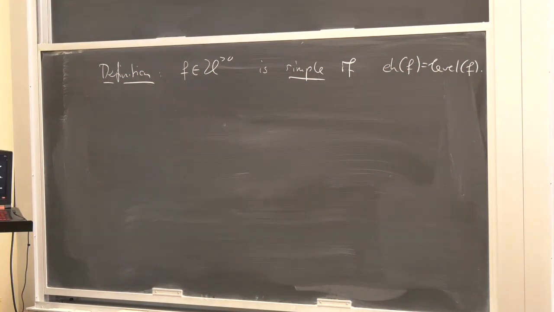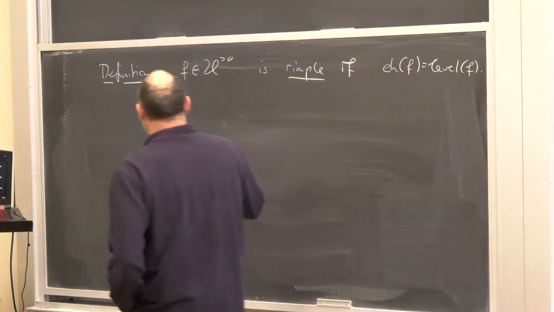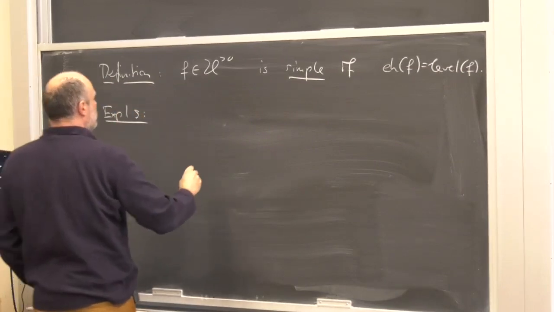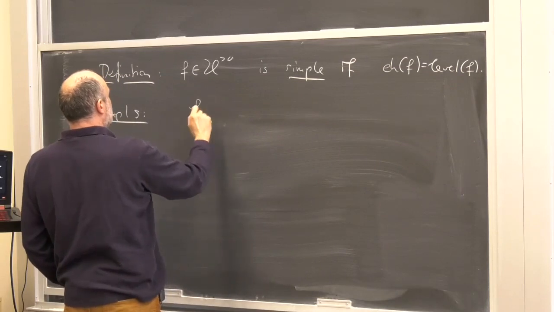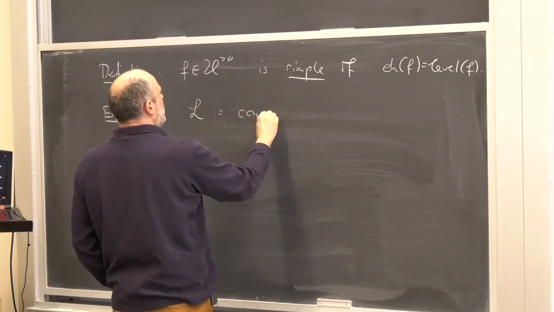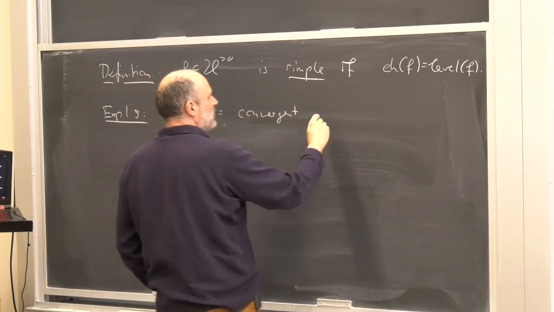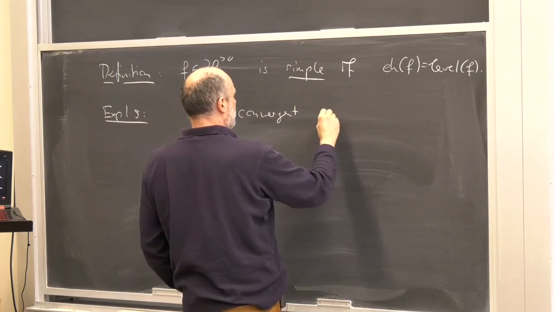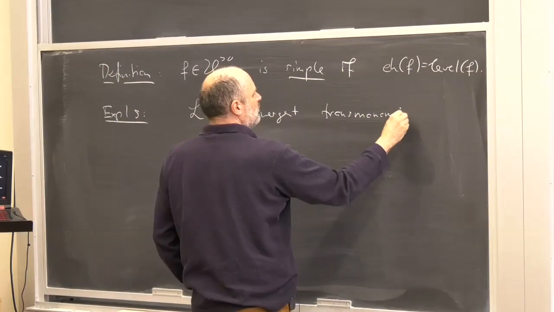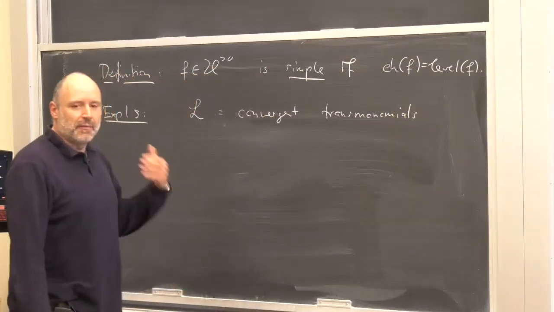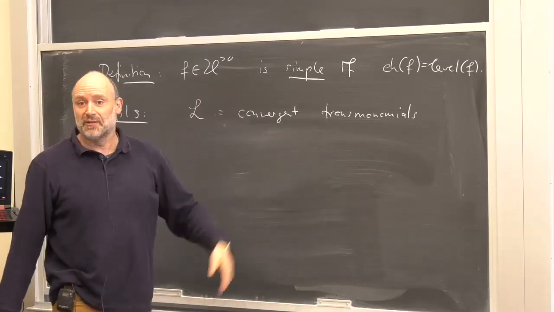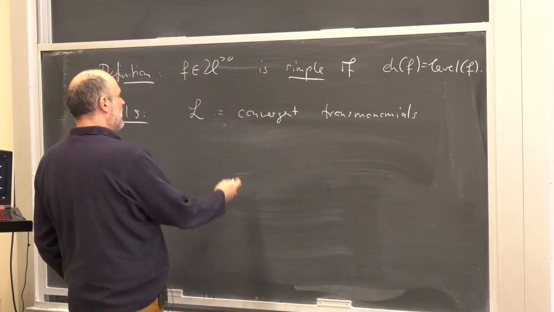So examples of simple germs, which are of course important for us, are all convergent transmonomials. The set of convergent transmonomials consists of only simple germs. Here I'm identifying the elements in H with their image in the transseries as we constructed them.